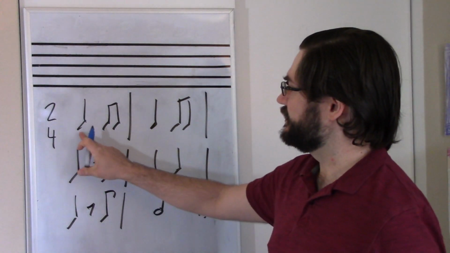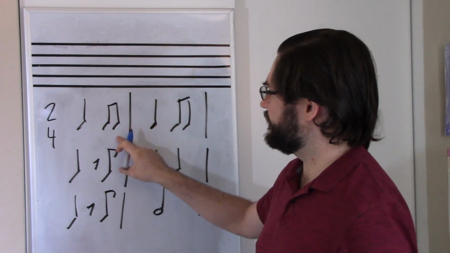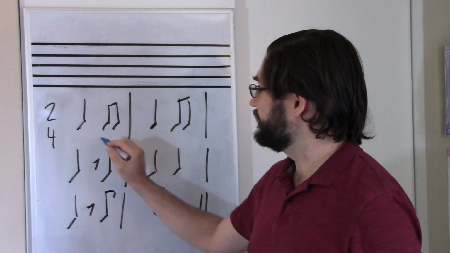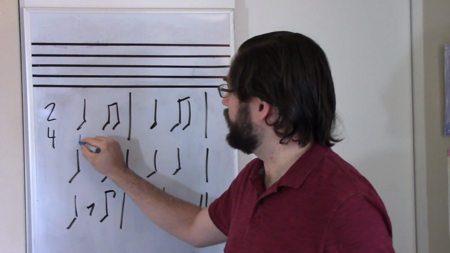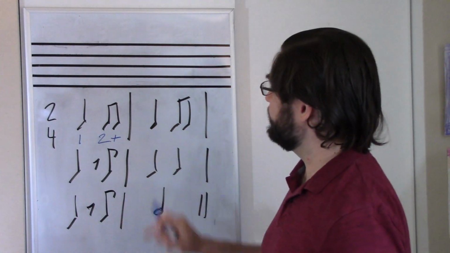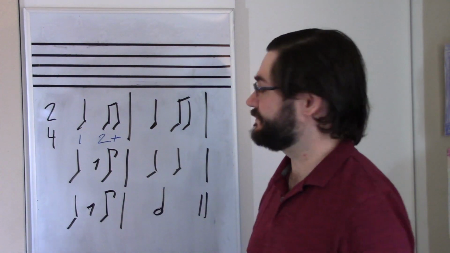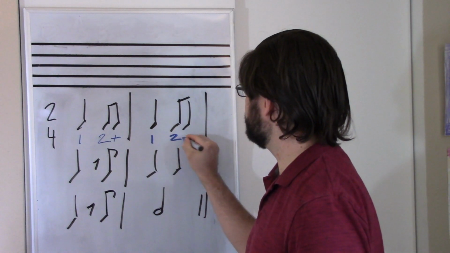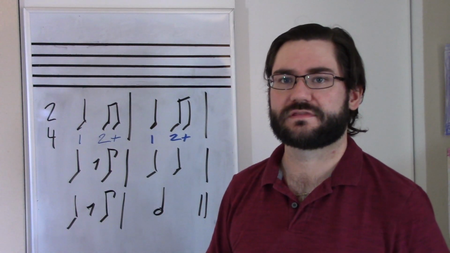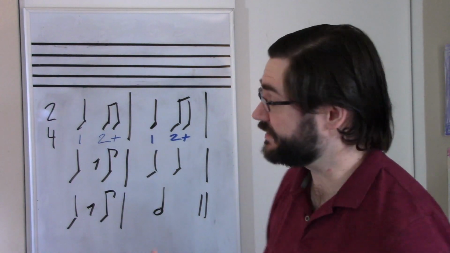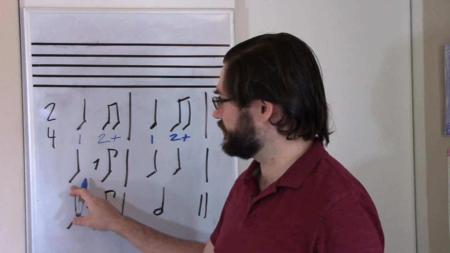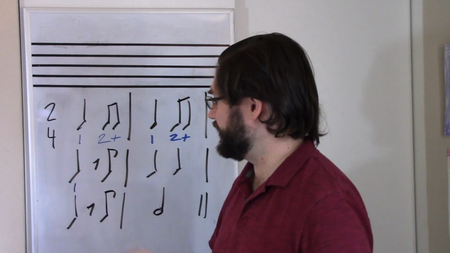We start at the beginning with this measure. What do you think it is? Did you get 1, 2, and? The second measure is the exact same thing. 1, 2, and. It's when we get to the third measure that, again, it's a little different. What do you think here? We have a quarter note, so it's the same, 1.